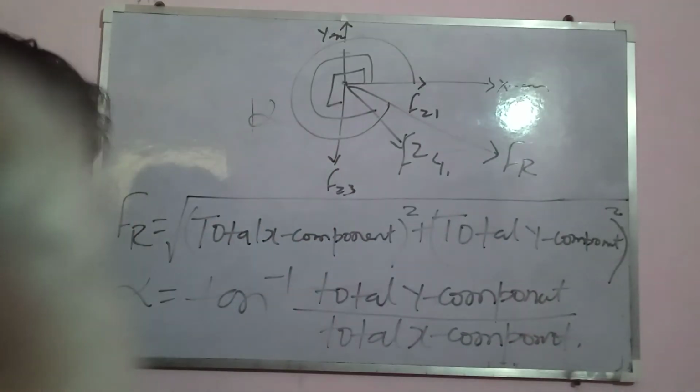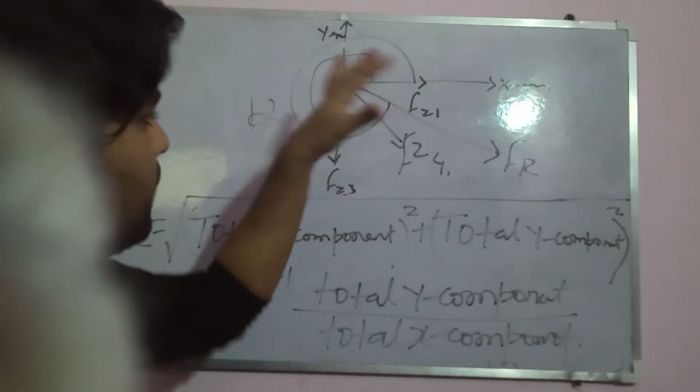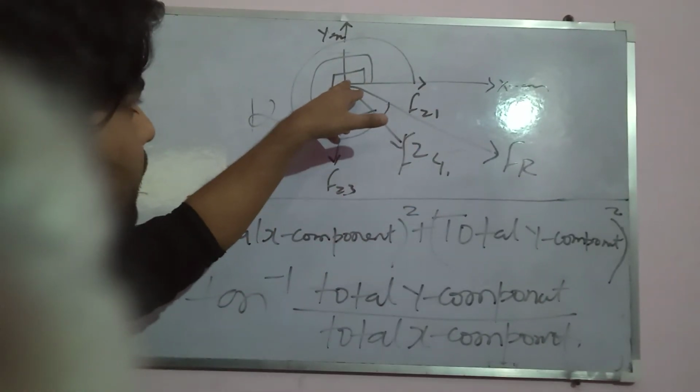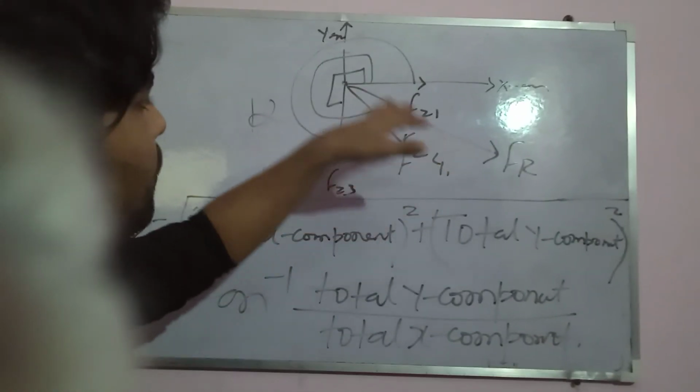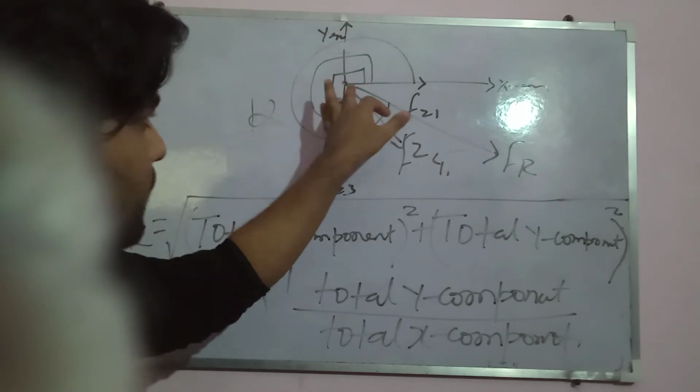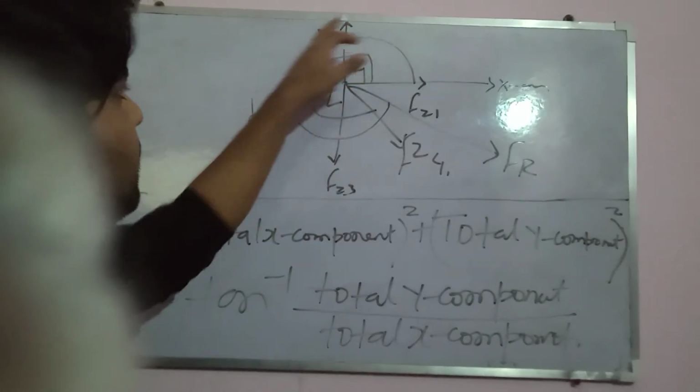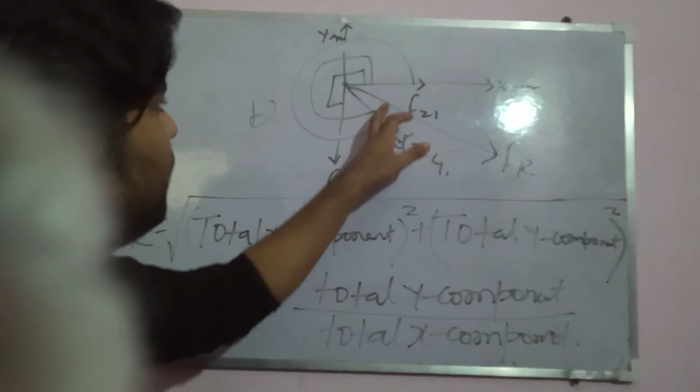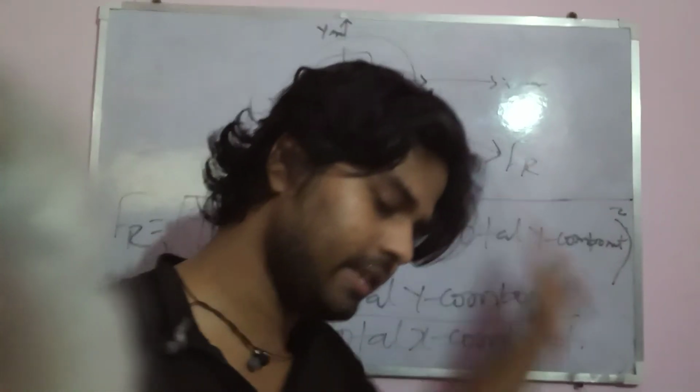So by this process we can find the magnitude of the resultant at Q2 due to all the three charges, and its direction, that is, its angle from the positive side of the x-axis.